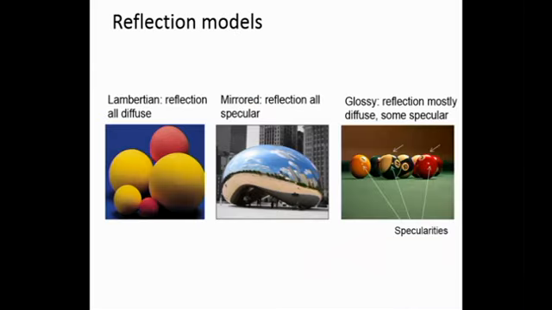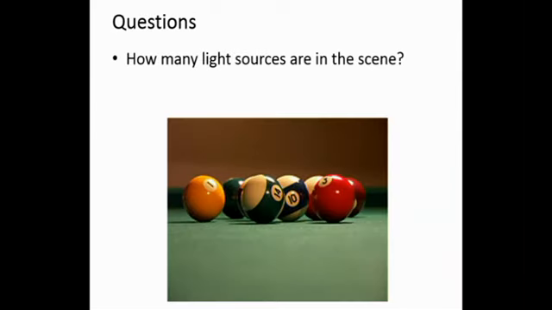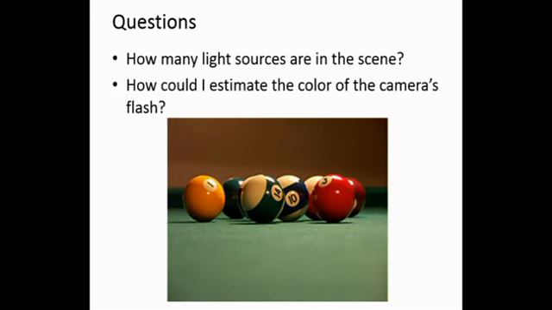So to summarize, Lambertian is all diffuse, light scatters; specular is reflection like a mirror; and glossy is some mix of them. If we have some mix of specular and diffuse reflection, we can often answer questions like how many light sources are in the scene, and I can estimate the color of the camera's flash.